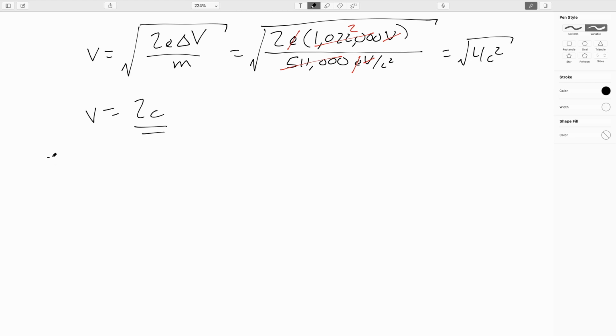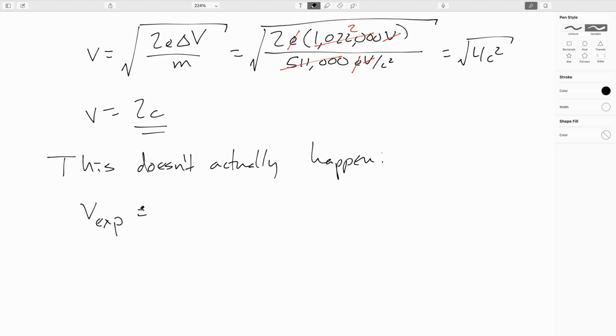If you attempt to accelerate an electron through a 1,022,000 volt difference, and you can totally do that using a device called a Cockcroft-Walton accelerator, the speed that you get experimentally, if you go ahead and accelerate through this voltage difference, is about 0.943c. So this is what actually happens.